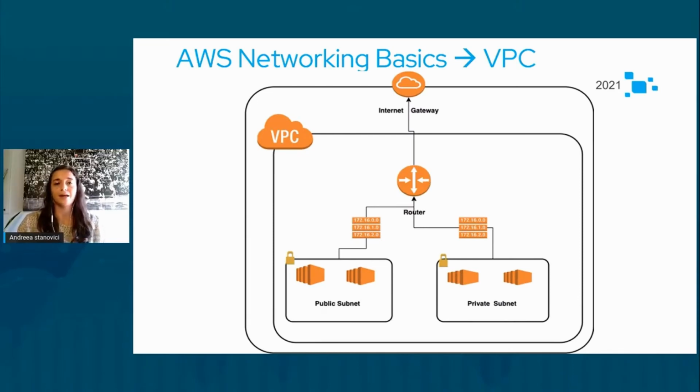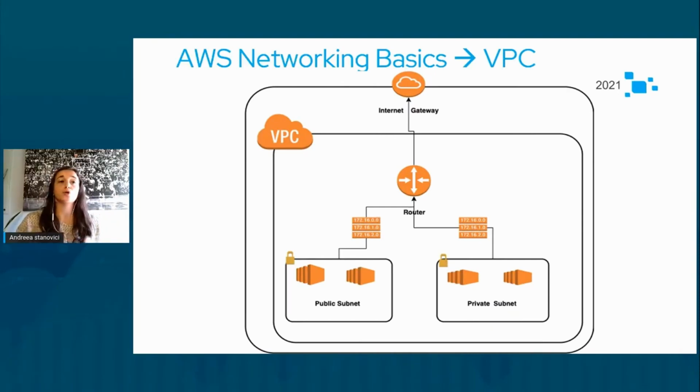VPCs act as a network isolation component that blocks traffic entering the VPC unless there is a defined network path. So it really just helps you organize all of your instances, and it helps you keep your virtual environment structured, organized.